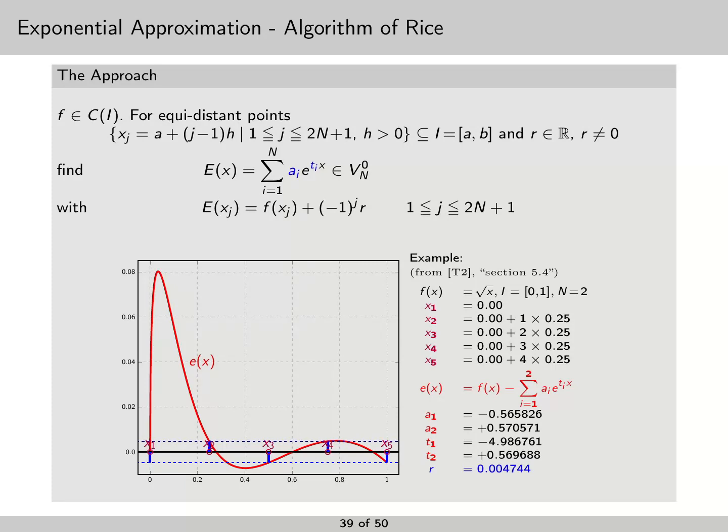At points x1 through x5, the absolute value of the error function is r. In the graph, here, here, here, and the fourth. Clearly, this is not an alternate of length 5.